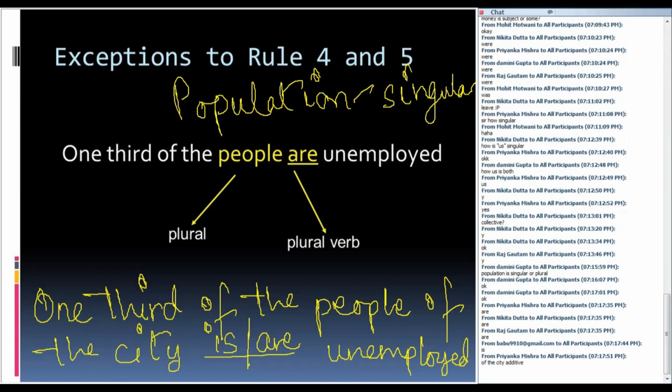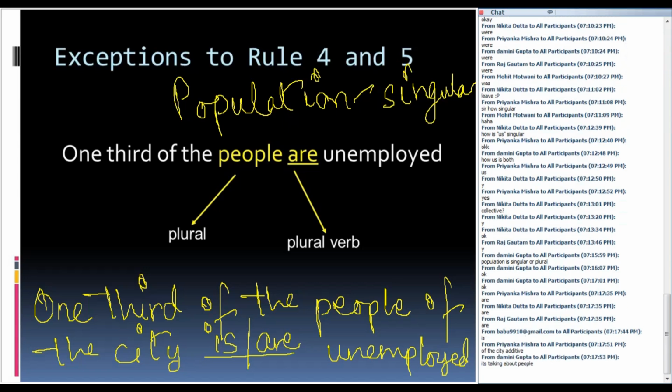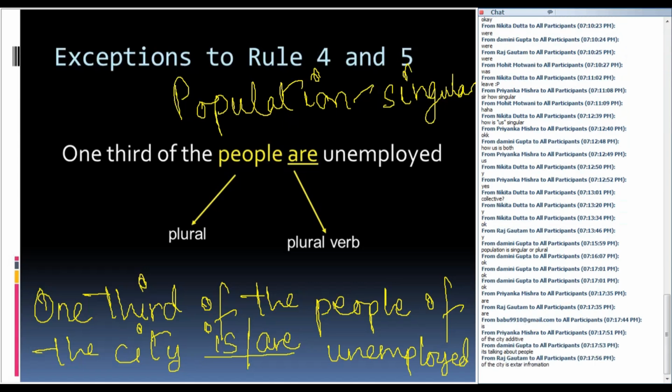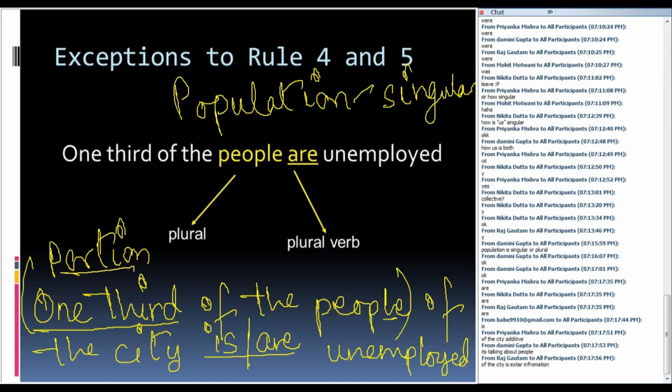Now see what happens. Very good, Davini. Absolutely. 1/3 indicates portion, right? But it is the portion of the people. So whatever rule of the of construction is applicable here. But after people, you have another of construction, of the city.